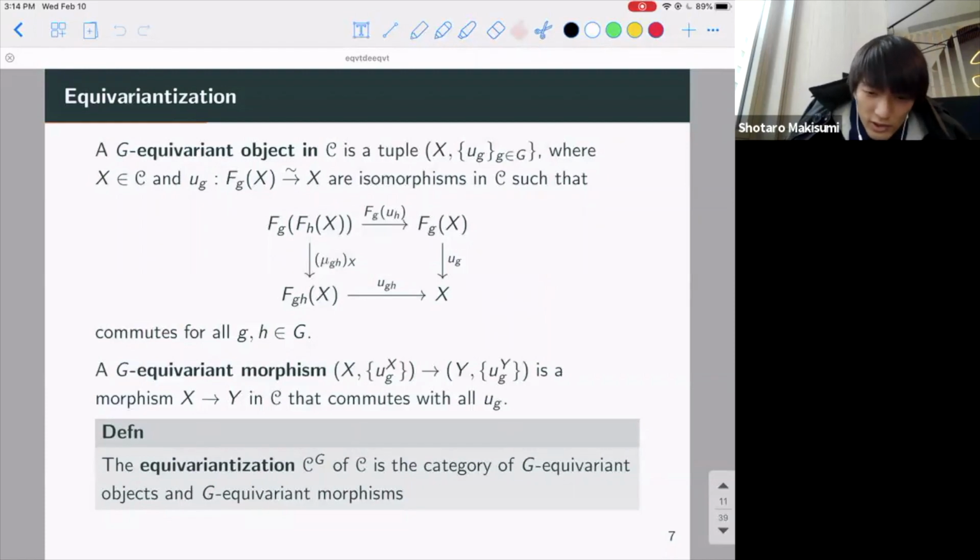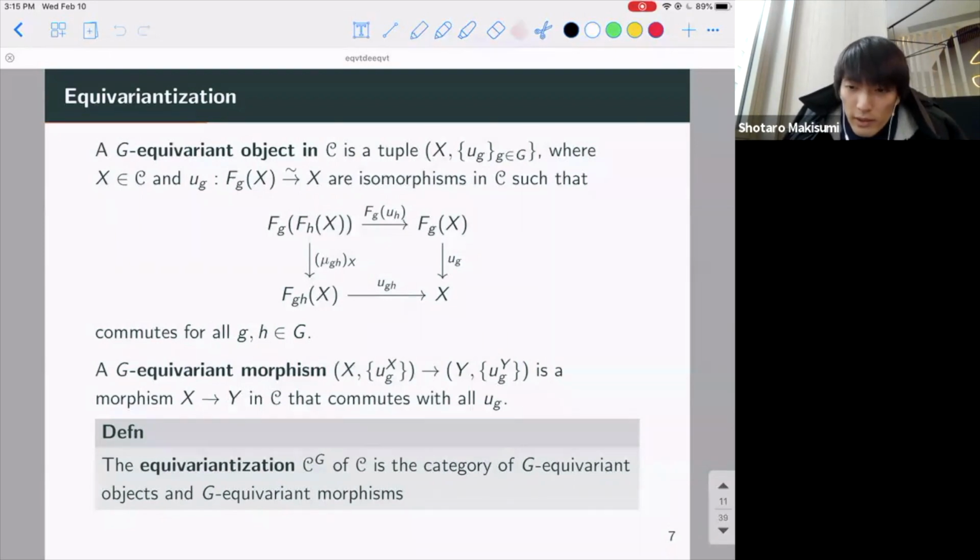Then you can guess what a G equivariant morphism is. It's just a morphism of the underlying objects in C that commutes with all these isomorphisms U_g. I define the equivariantization C upper G to just be the category of G equivariant objects and G equivariant morphisms.